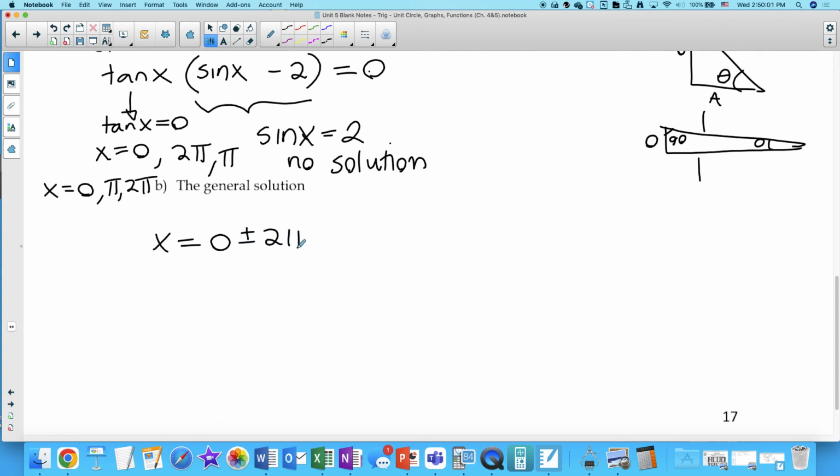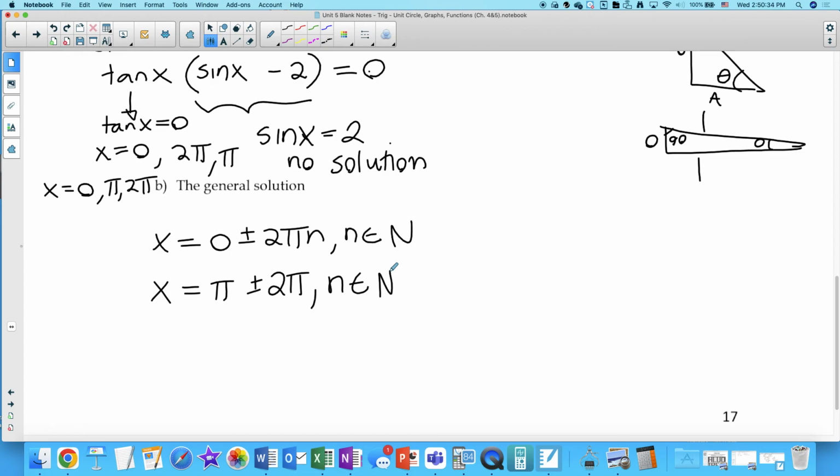Okay. Now, could you write this as a single solution instead of with 2? Okay, what would it be if you wrote it as one equation, one general solution?